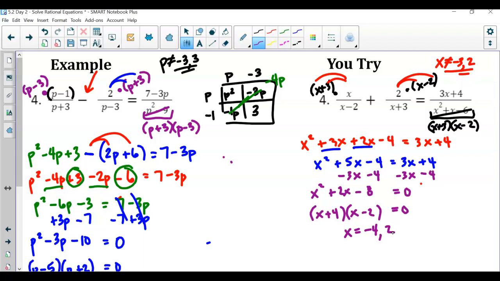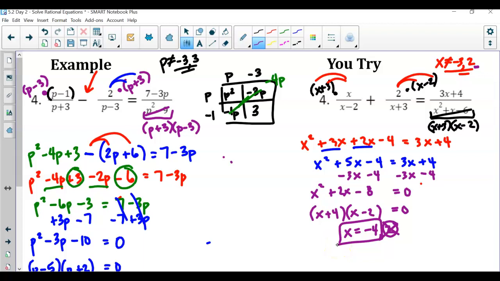Here we said our undefined values, extraneous solutions were negative 3 and 2. Notice how 2 was extraneous. So what does that mean here about 2? Can 2 be a solution? No, because that would make this expression undefined. So the only answer that this equation has is negative 4.